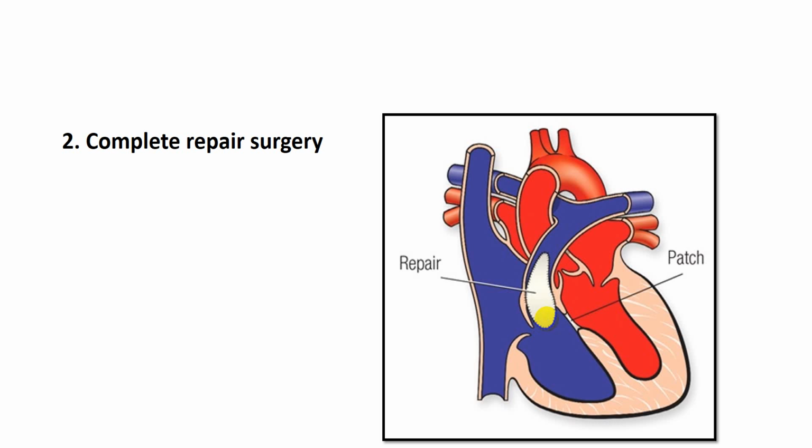This is not for you. So you should know that the surgery may be in two steps: the first is palliative, the second is total repair. Usually surgery can be done from the third month of life to 9 months to 1 year of age.